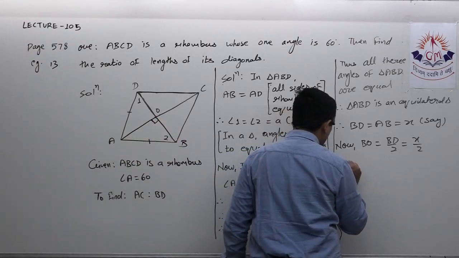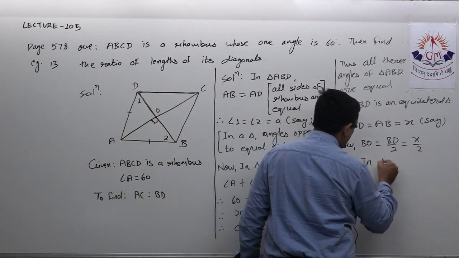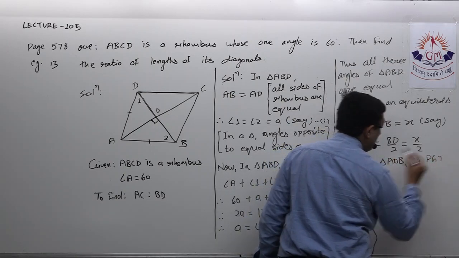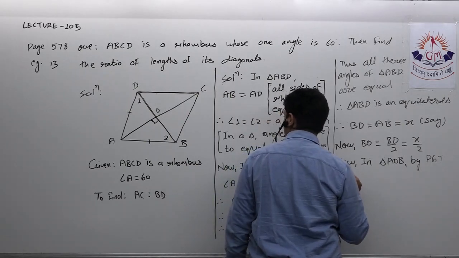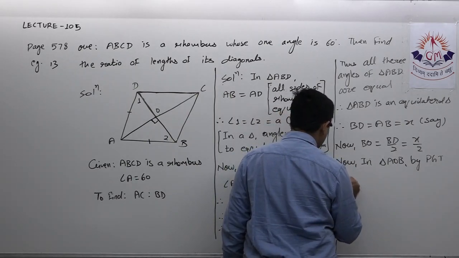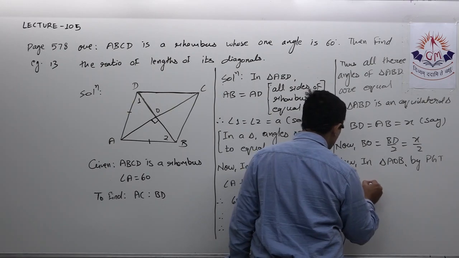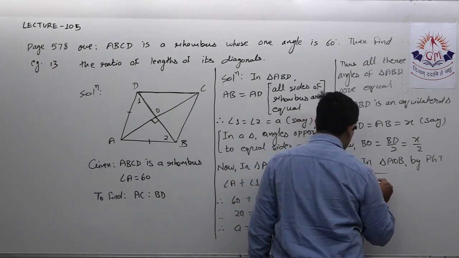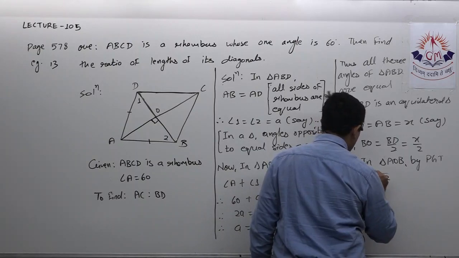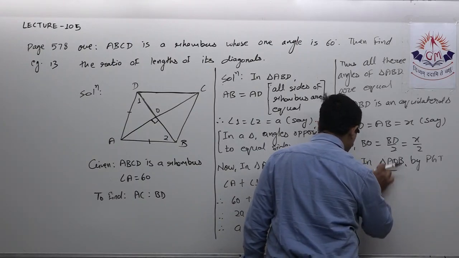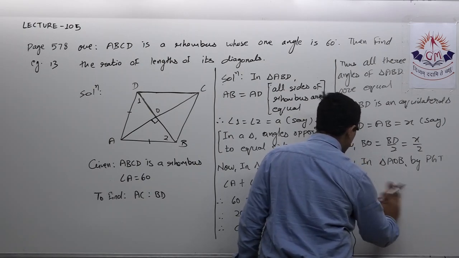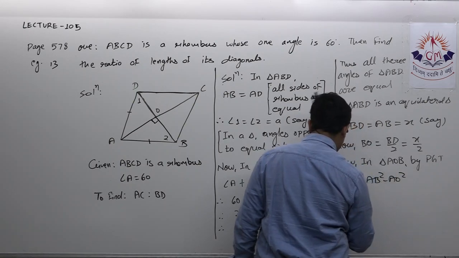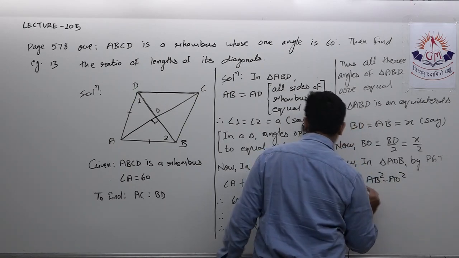Now in triangle AOB, by Pythagoras theorem I can say AO square is equal to AB square minus BO square.